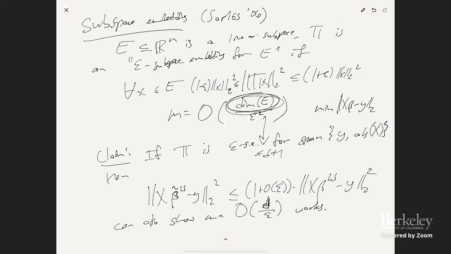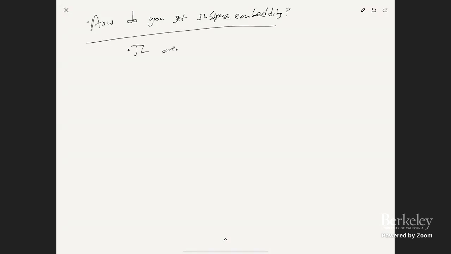And maybe the very last thing that I want to show is this one. How do you get a subspace embedding? One way is you do kind of JL over a net of the subspace.